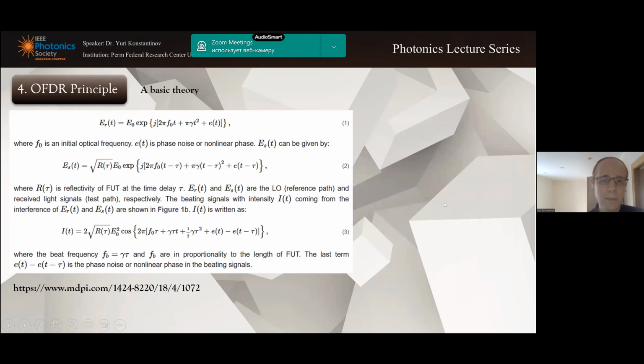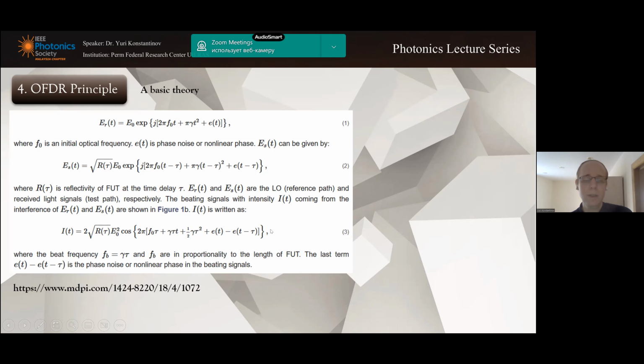Here's the basic theory. You can see the electric field of the reference arm, and you can see the field of light going back from the sensing arm. After some simplifications, we can write down the intensity at the photodetector. We can transform the exponential function using the well-known formula to a cosine and an imaginary part multiplied by a sine function.